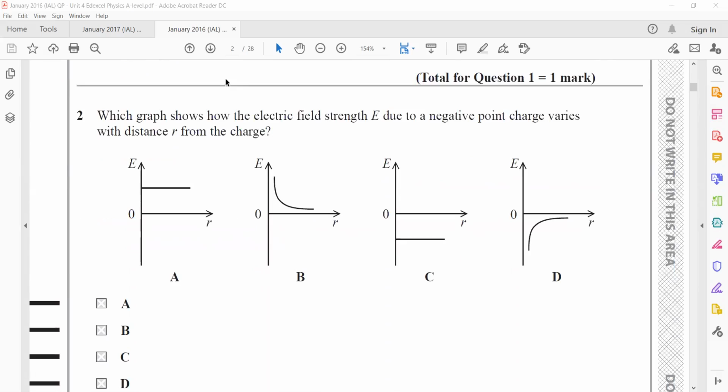Which graph shows how the electric field strength due to a negative point charge varies with the distance r? Electric field strength E is equal to kq over r squared. That's the variation of electric field strength due to a point charge. So what could be the right answer? And negative.